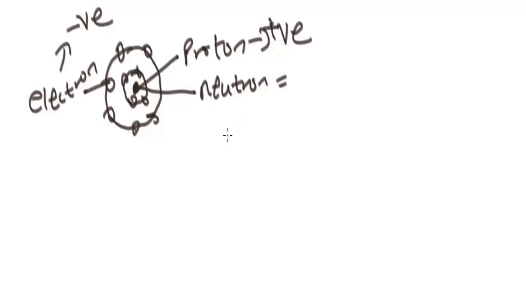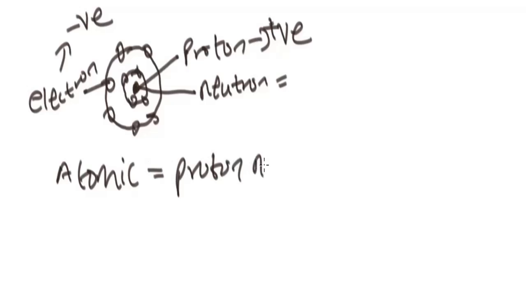Now, what is atomic number? Atomic number is the number of protons present in the nucleus of an atom of an element. That means atomic number equals proton number. Whereas, what is mass number?